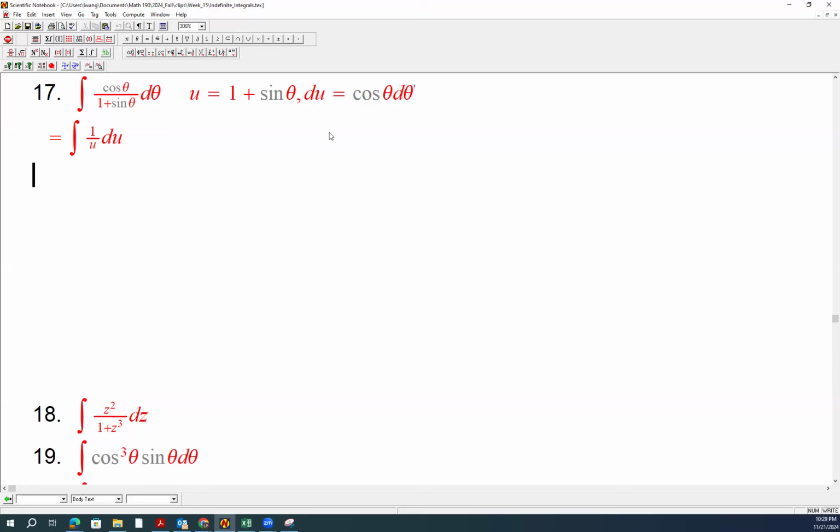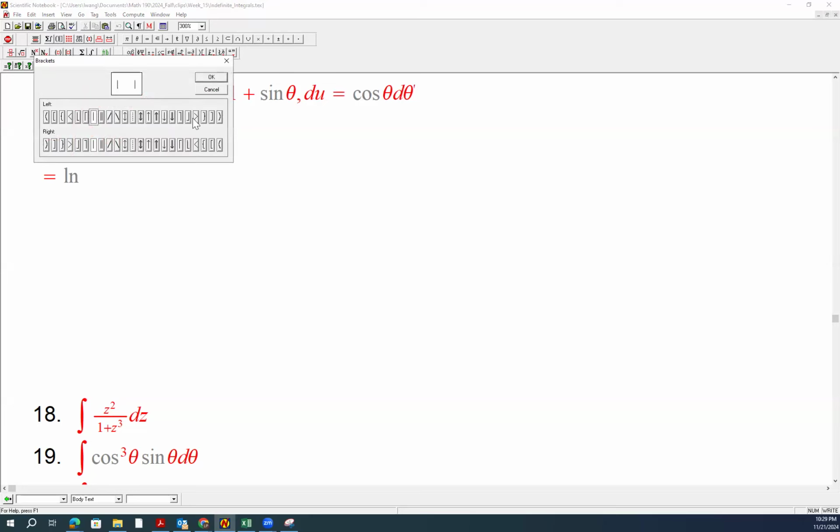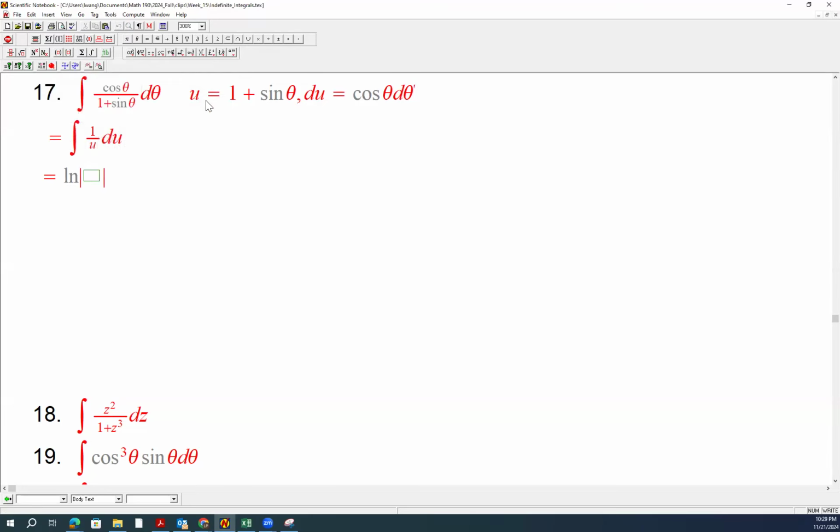Okay, and next, antiderivative. ln is safer in this case to use absolute value plus constant. Okay, because this function has a domain, you know, except numbers that will cause the denominator to equal 0, but it could be positive and negative, right?